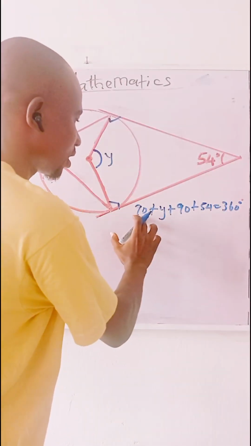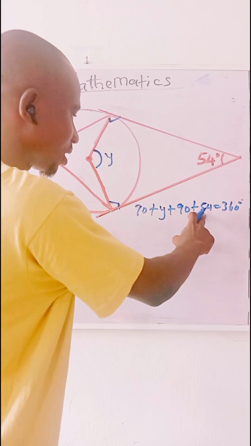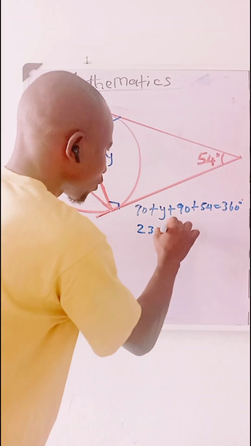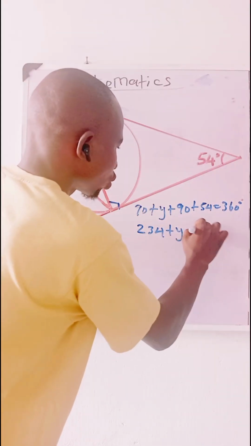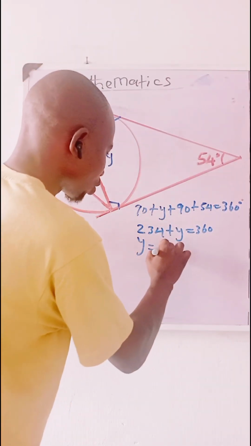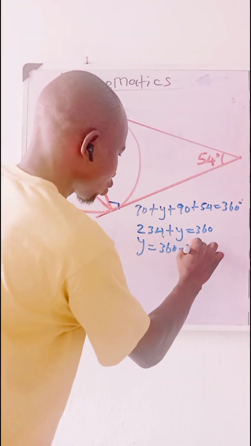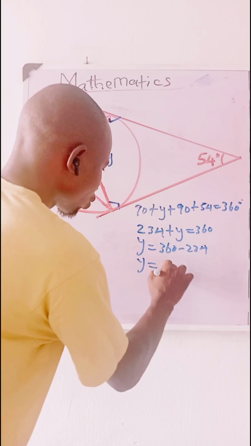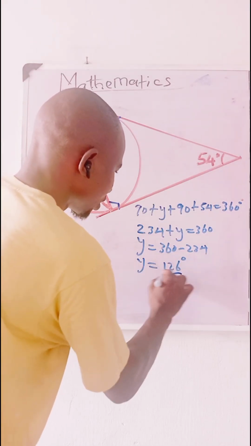So if I add this plus this plus this, what I'm going to have is 234 plus y equal to 360, right? So my y is equal to 360 minus 234, right? Good. Y is equal to 126 degrees, right?